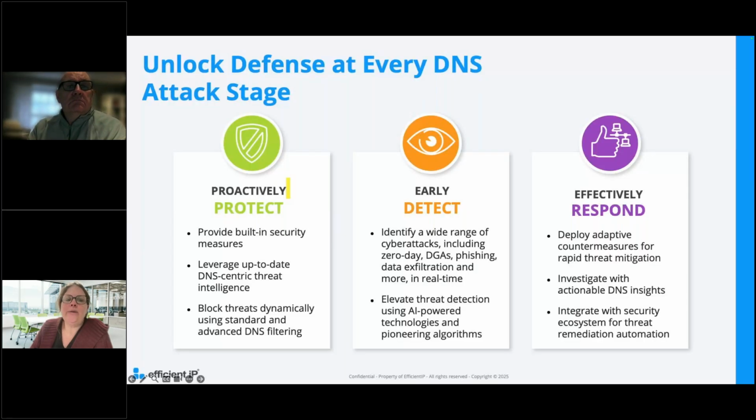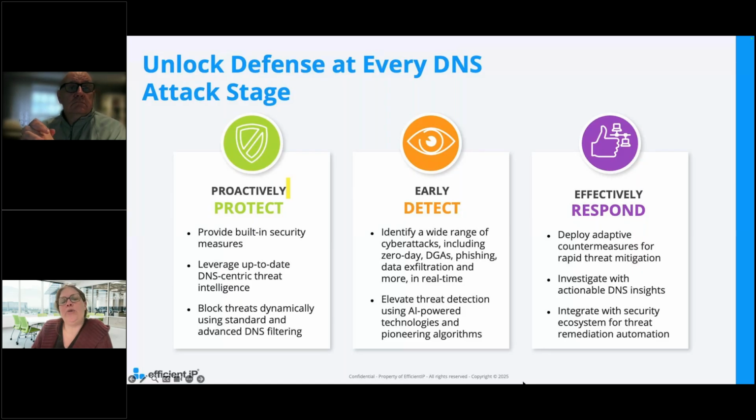So DNS helps you in the 3 steps of the attack. It helps you proactively protect before you're being attacked, which is very important for zero trust security. It helps you detect an attack early, once it has entered the organization, and block it at the earliest possible stage.